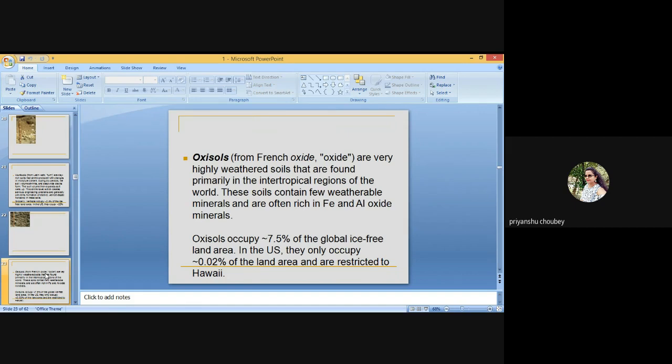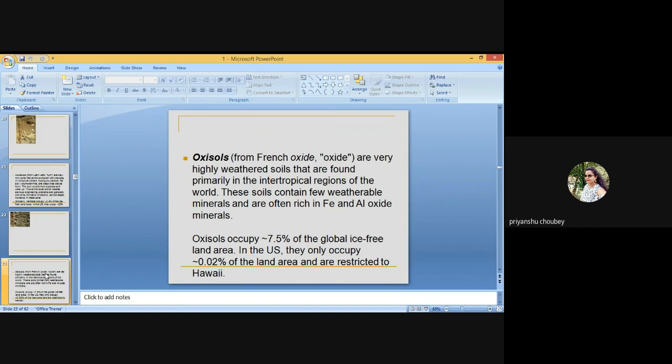Oxisol is from a French word, oxide. These are deeply weathered soils of the humid tropics with bright red color, uniform profile, and a low amount of weatherable minerals. An indurated mottled horizon may be present, dominated by kaolinites and sesquioxides.